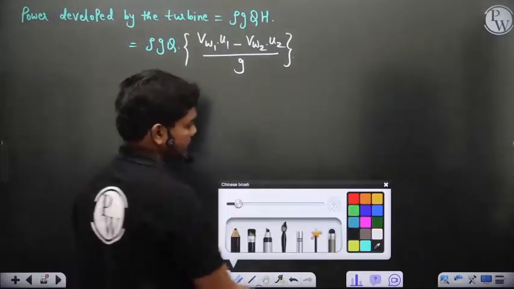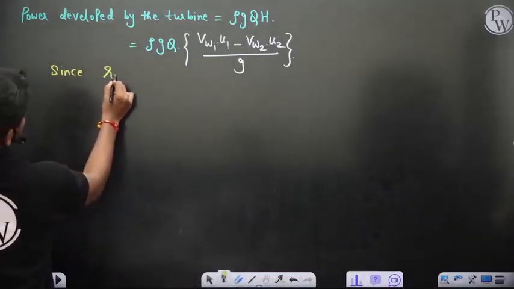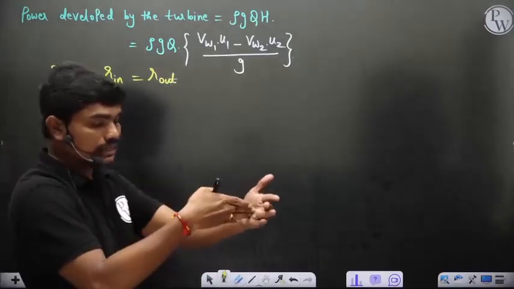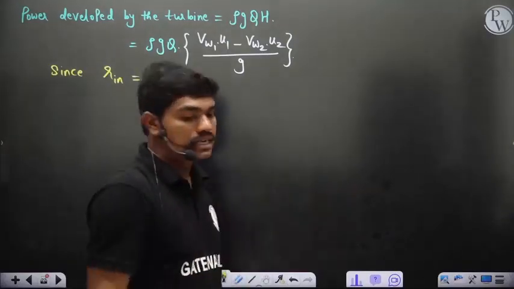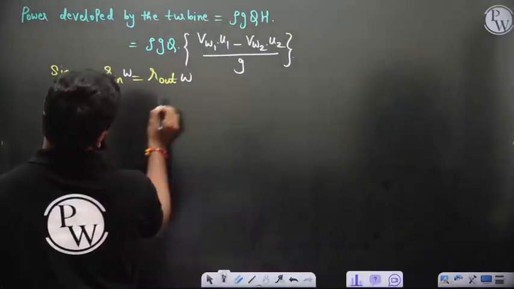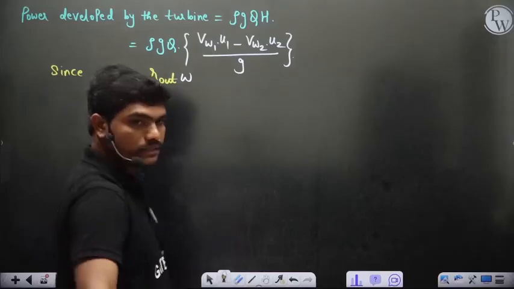But in this case, since the radius at inlet is same as radius at the outlet of the flow, because the fluid is going in at the radius and coming out at the same radius, if you multiply omega on both sides, correct? So this is what you have.